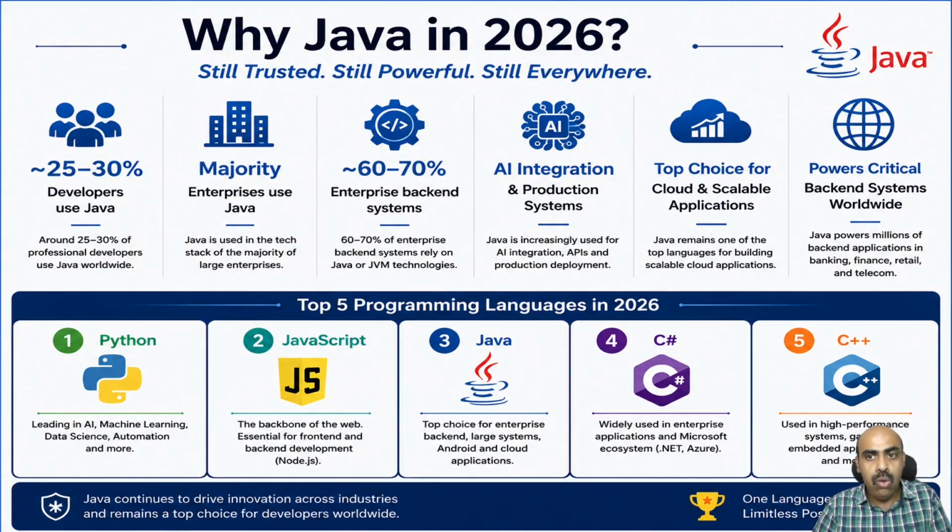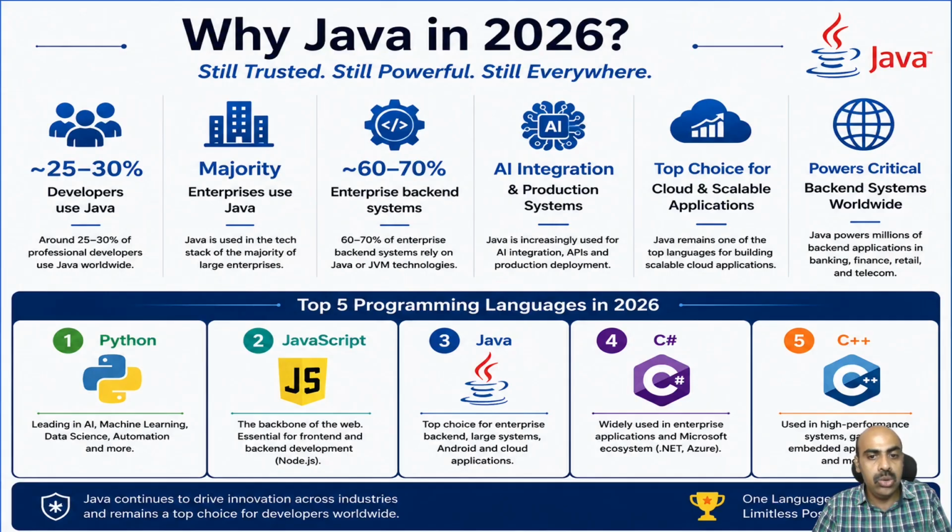Even in the cloud, Java remains one of the top languages for building scalable cloud applications. It is still one of the top 5 programming languages. Python is predominantly used because of the AI trend, and second is JavaScript, because it is the backbone of the web, front end and back end, predominantly using Node.js.